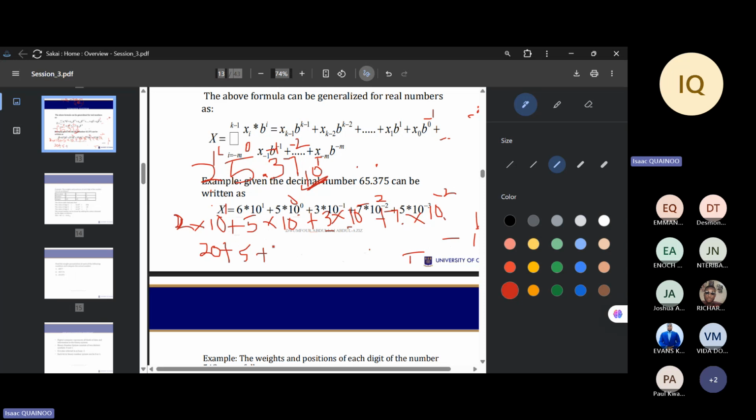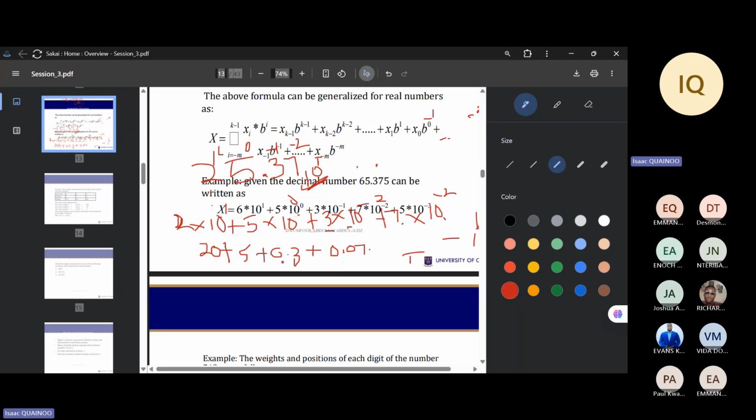That gives us 0.3. Plus 7 times 10 raised to the power -2, which is 7 times 0.01. That gives us 0.07.